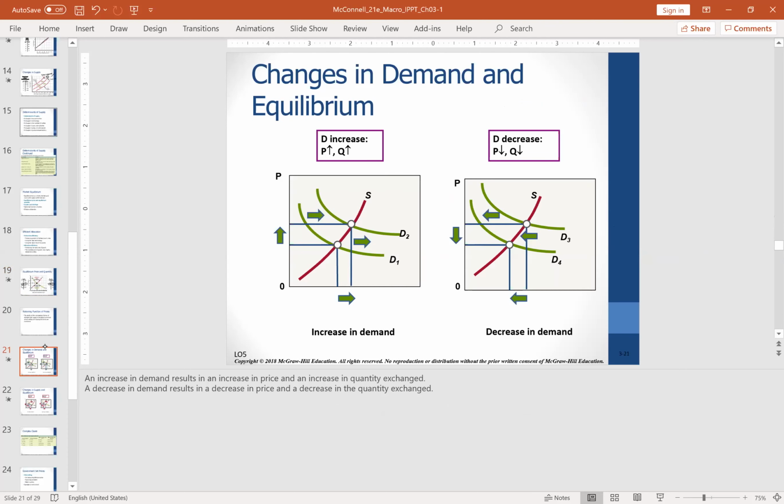Now take a look at what happens when the demand curve is shifting to the right or to the left, and the supply curve is not changing. It was one of your short answer questions for week 1, what happened when the demand curve shifted to the left, like the question on sardines.